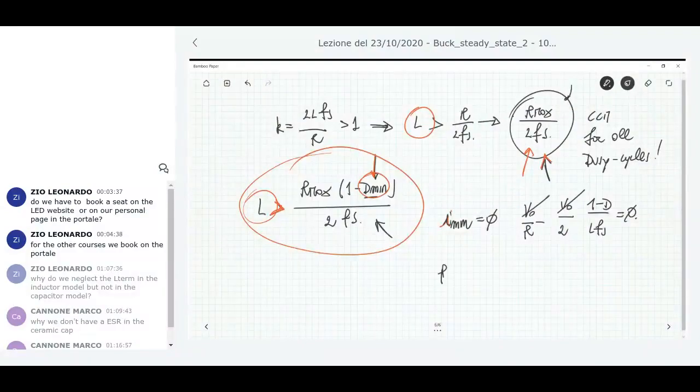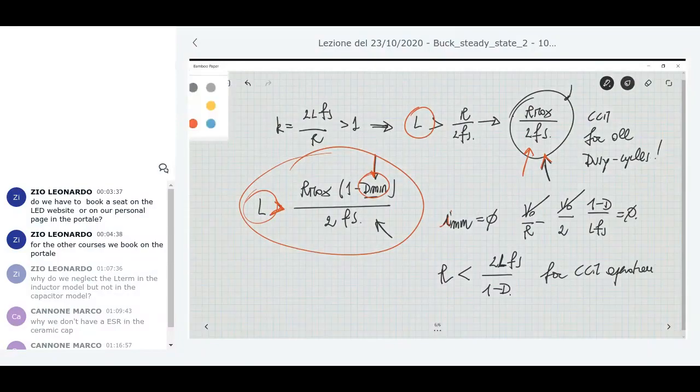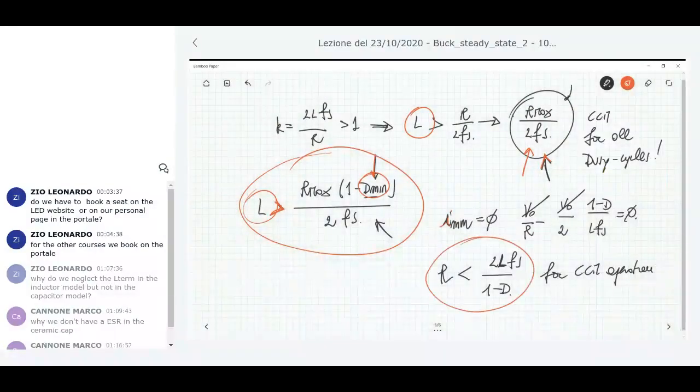Simplified, we can say that R, now solving for R instead of L, should be less than 2 times L Fs over 1 minus D for CCM operation. So for a fixed L, I know which is the maximum resistance that can be connected at the load, meaning the equivalent resistance, for operation in CCM.